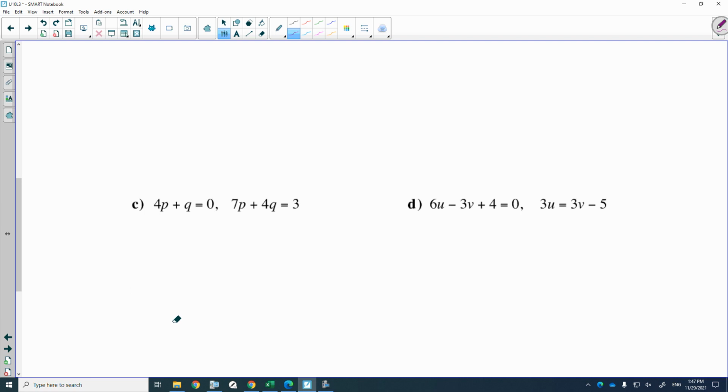Which system is it for C? First one, yep. When in doubt, look for the coefficient of 1. It's right here. So you say, okay, how do you get q by itself? Subtract 4p from both sides.